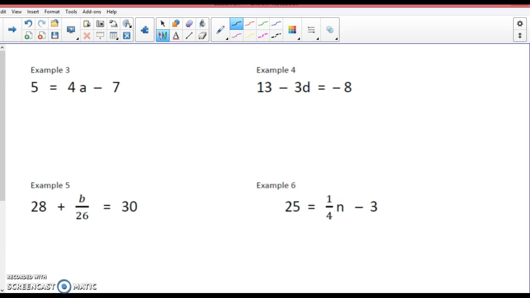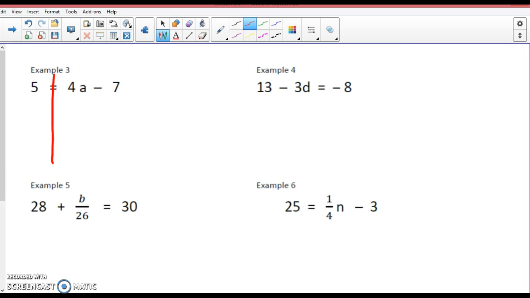All right. Copy down example 3. Let's do one example at a time. 5 equals 4a minus 7. Now, guys, solving an equation is just like keeping a scale balanced. The equal sign is the middle.